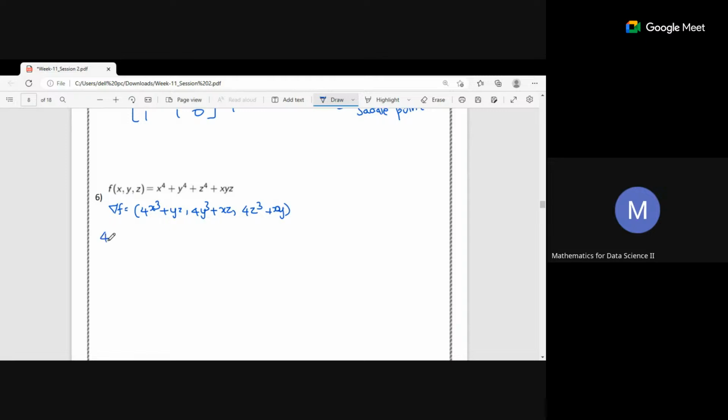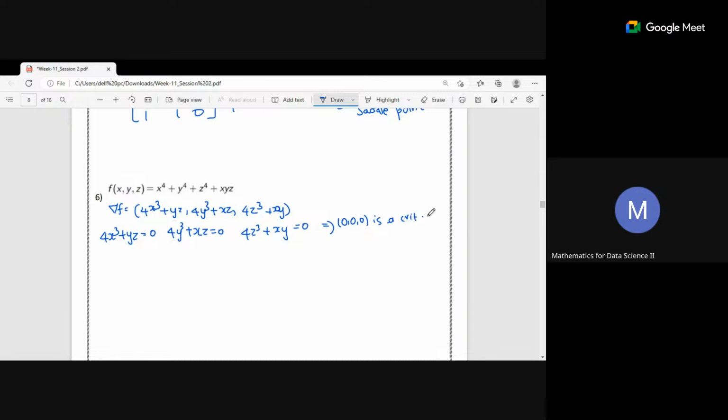Now 4x cube plus yz is equal to 0. 4y cube plus xz equal to 0. 4z cube plus xy is equal to 0. Okay. So what is one obvious critical point? 0, 0, 0. Yeah, you see that 0, 0, 0 is a critical point.